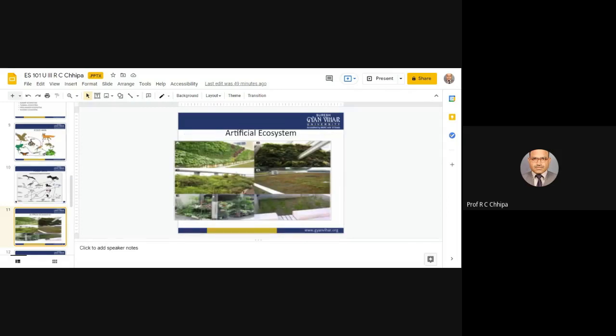Yes, ecosystem, artificial or man-made. For example, the Suresh Gyanvihar University campus. That is an ecosystem because of the interaction of different living and non-living things that form a whole ecosystem. The playground, the home, the ecosystem. The students learn in the campus, that is the ecosystem.